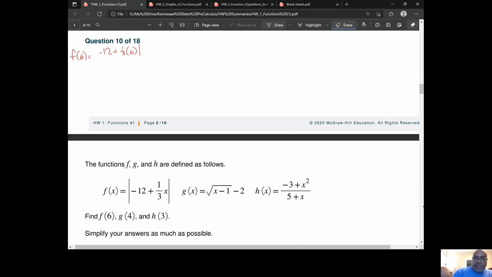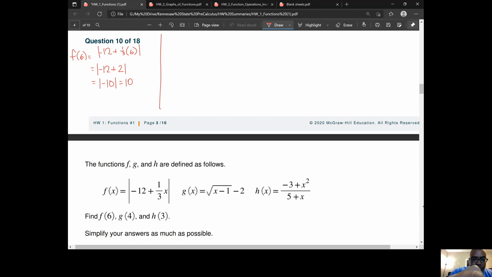Then the absolute value bars don't have to be that big. All right, it's equal to the absolute value of negative 12 plus 6 times 1 is 6, divided by 3 is 2. Is equal to the absolute value of negative 10, which is 10. 1 down.